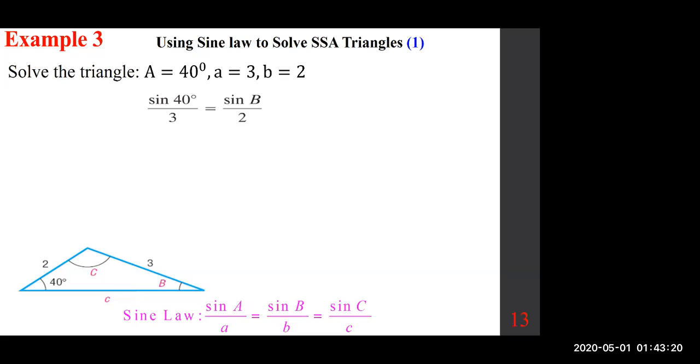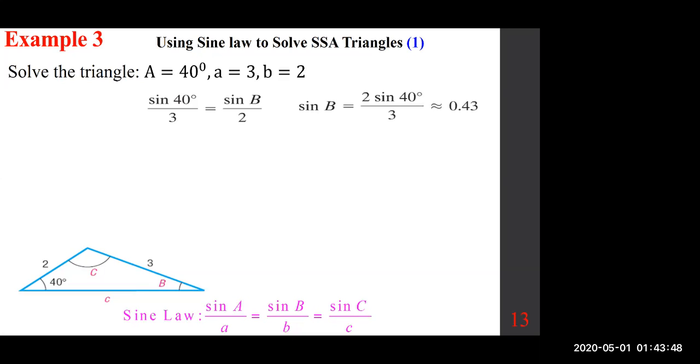Everything is known. All you have to do is find sine B, you do the cross product. Again, I'm assuming everybody's comfortable with that. It will result in 0.43 for sine B.